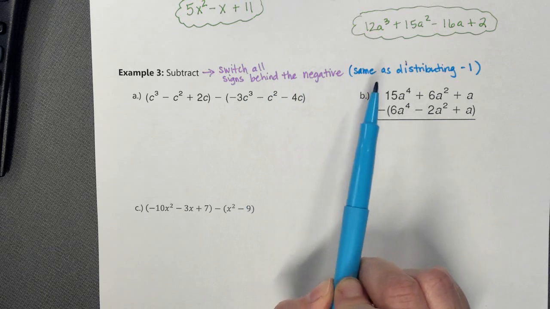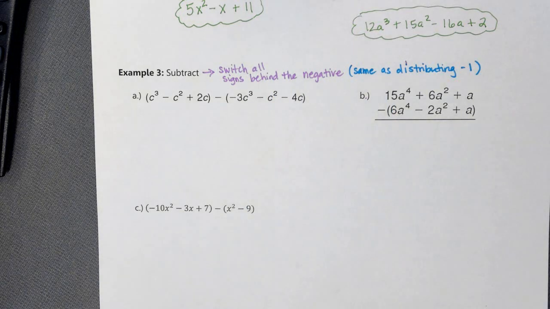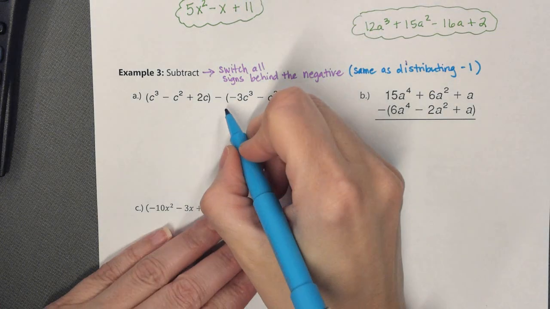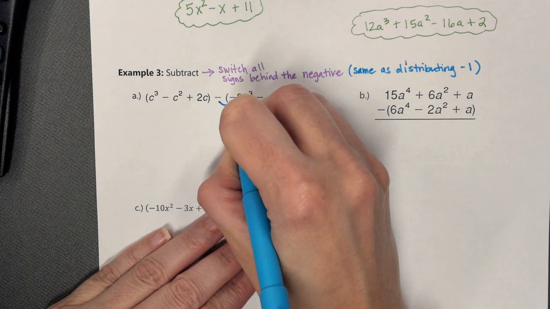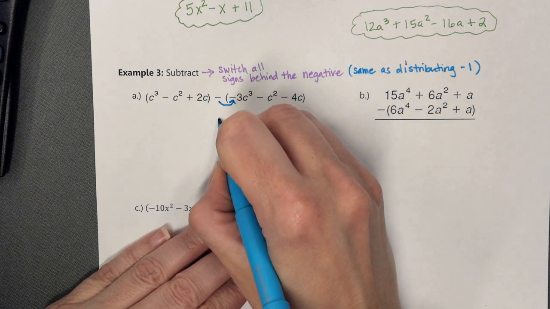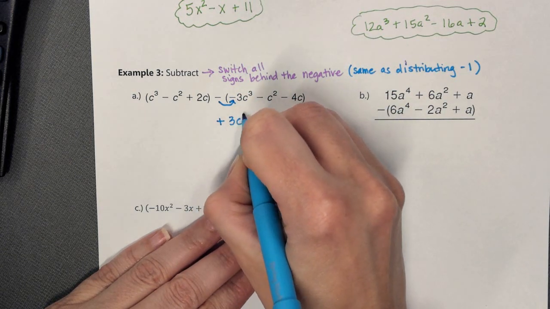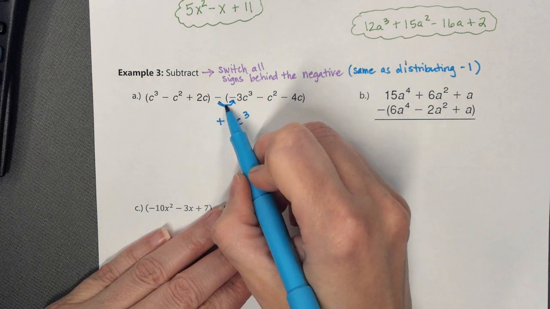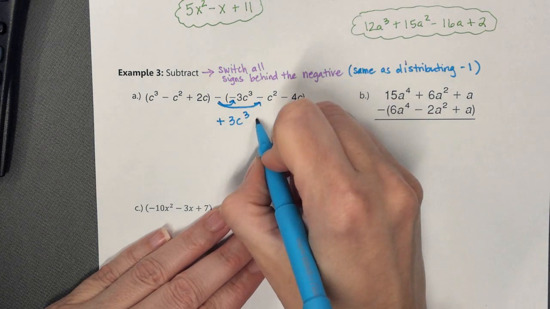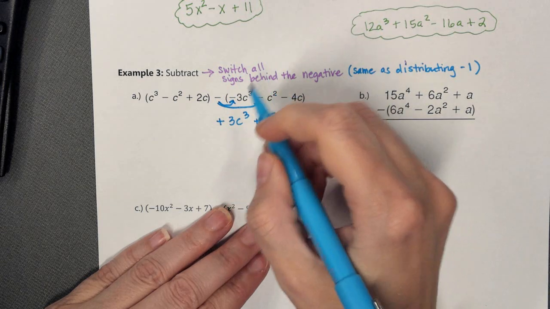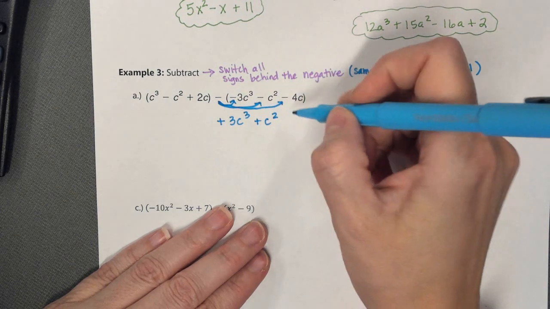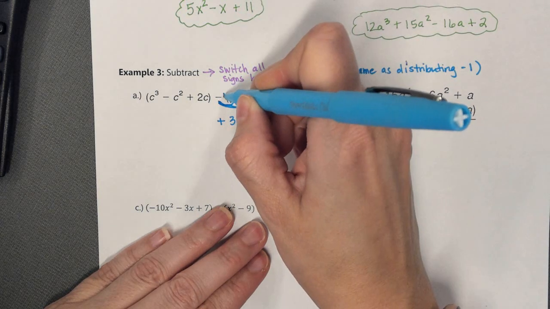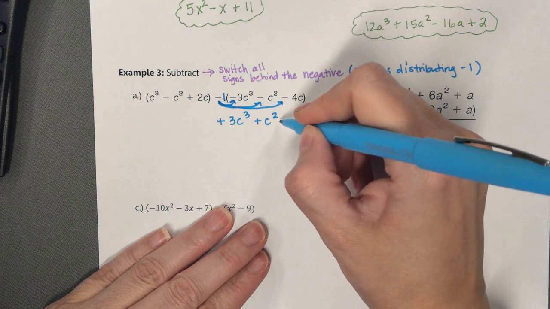So when we're switching everything behind the negative sign, what we're going to do is multiply everything by a negative. So a negative times a negative is a positive. A negative times this negative is positive. And these just happen to be all negative. So a -1 times a -4. You can put a -1 here and multiply if you want to make sure.